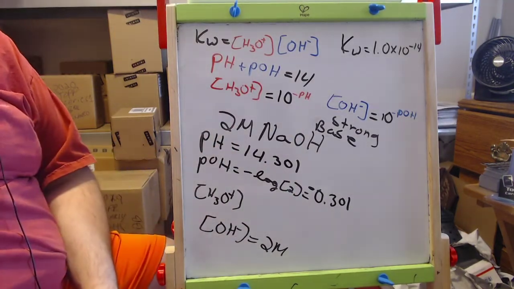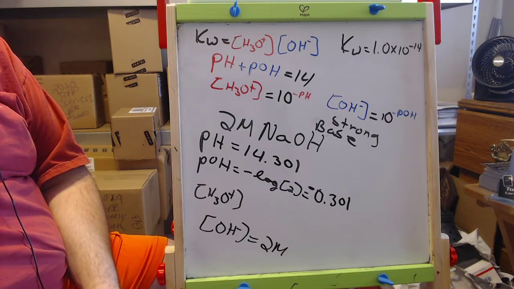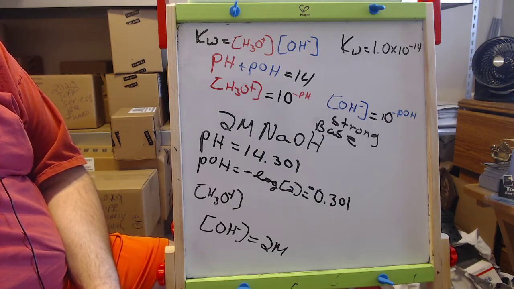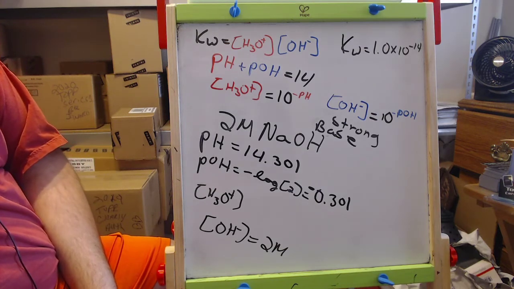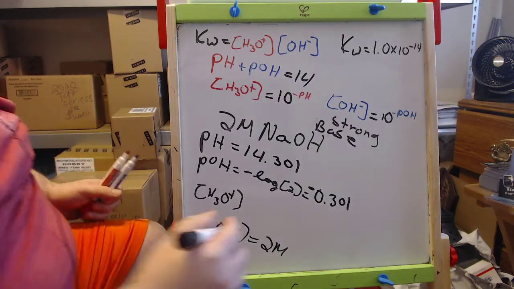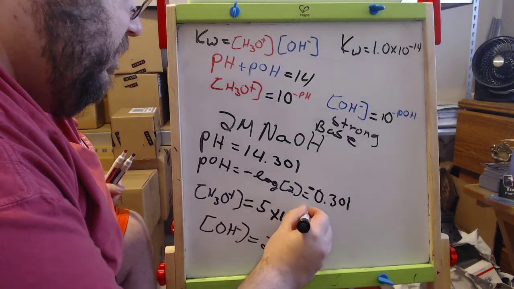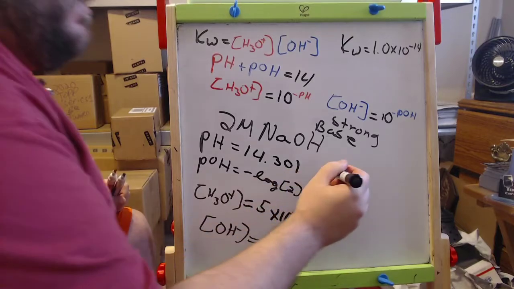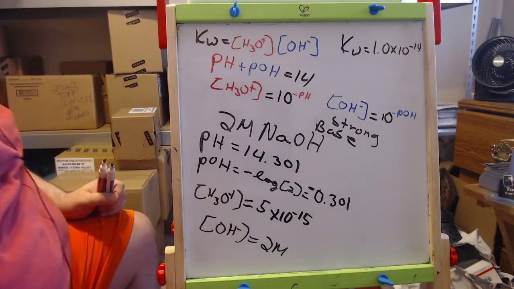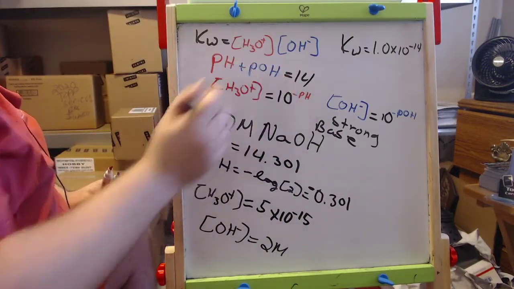And if I take 10 to the negative pH, I get 5 times 10 to the negative 15th. So all I did here was this trick here, to find this answer.